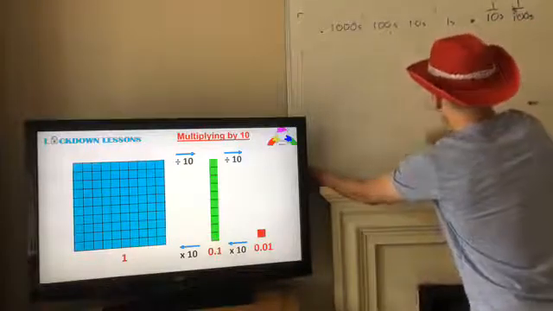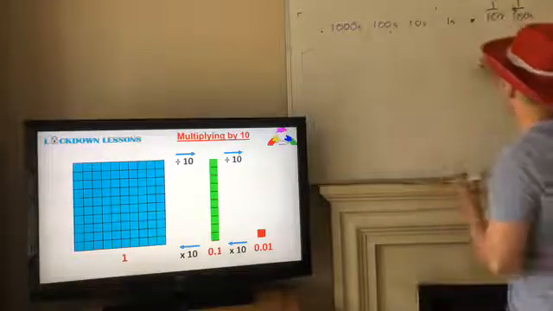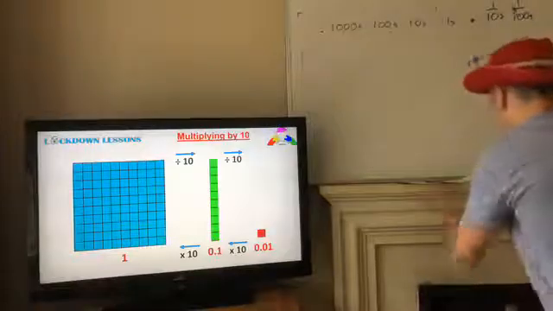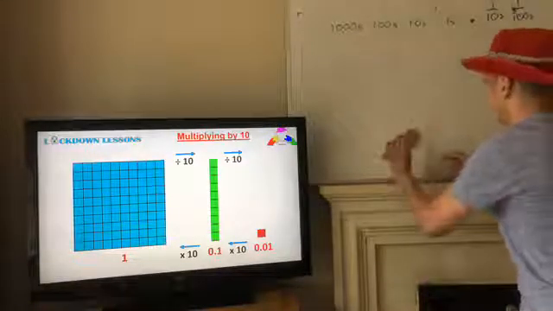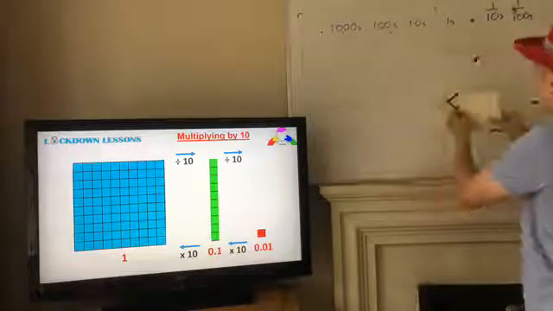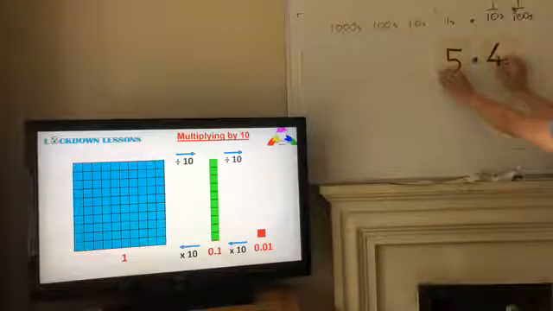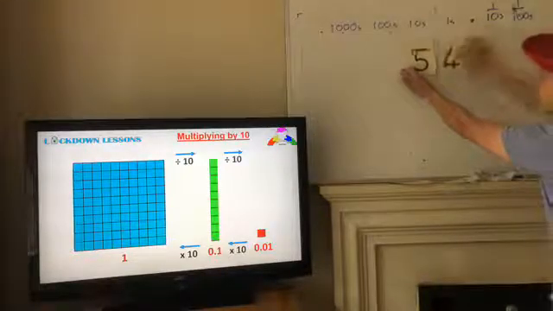Okay? The decimal point always stays in the same place. So my decimal point is here. I'm going to put a big point there. And then I've got some numbers here. So if I had 5.4, and I times it by 10, the 5 will go to there, the 4 will go to there.